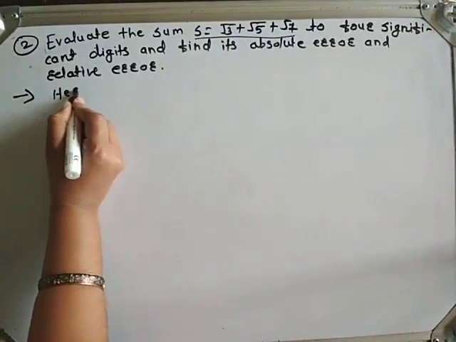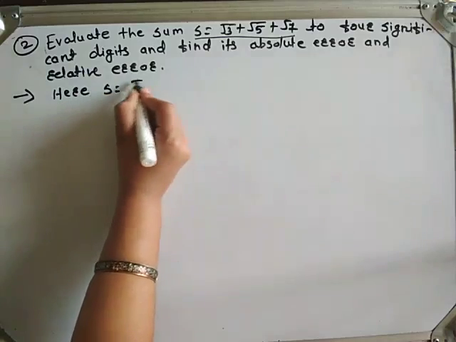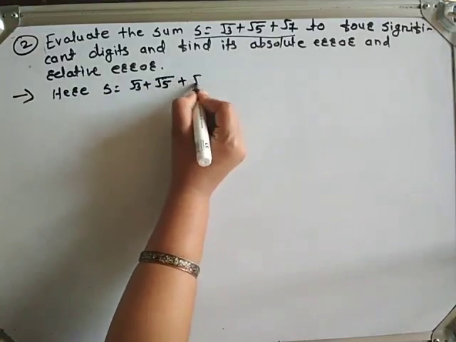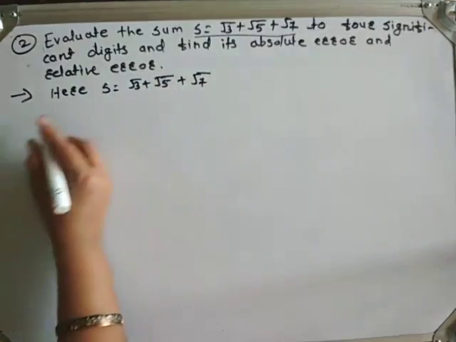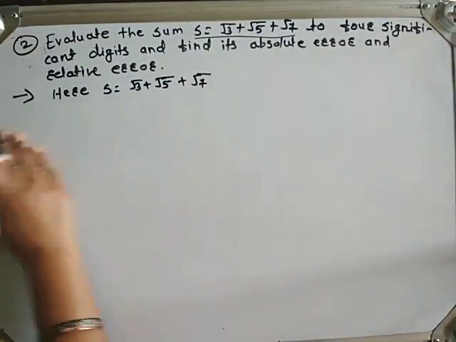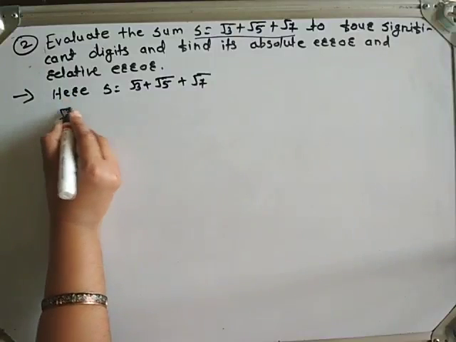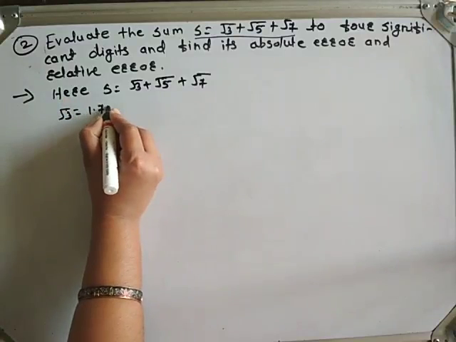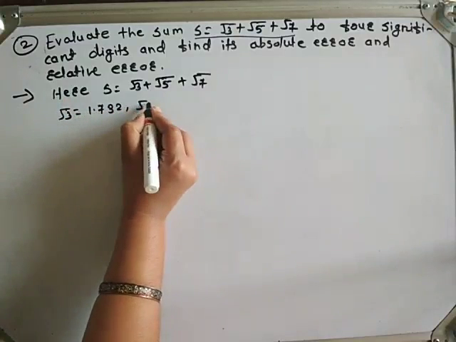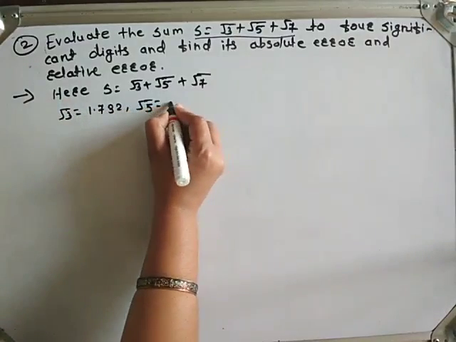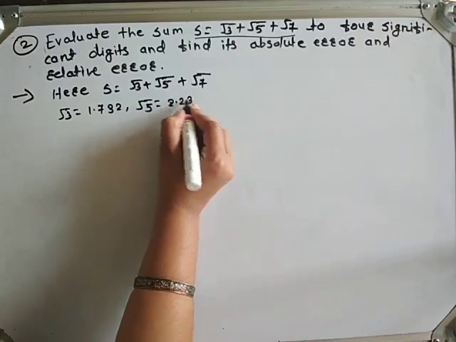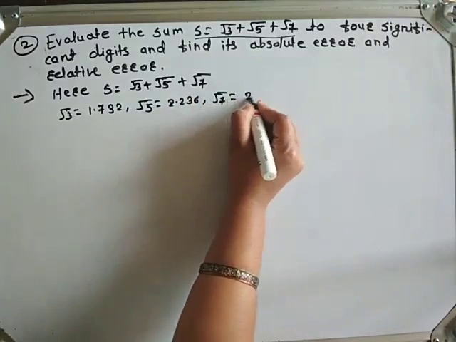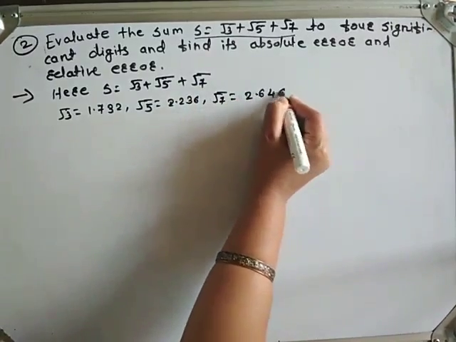Here what we have given, S is equal to root of 3 plus root of 5 plus root of 7. Root of 3 is equal to 1.732. Root of 5 is equal to 2.236 and root of 7 is 2.646.